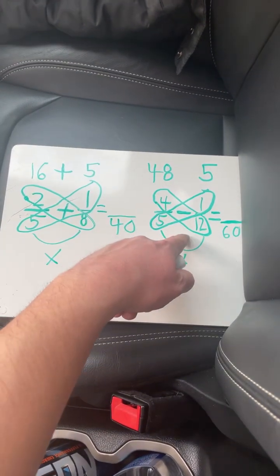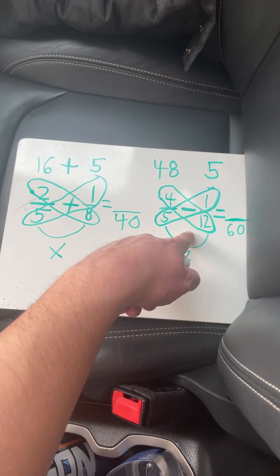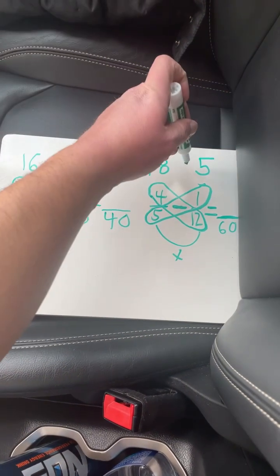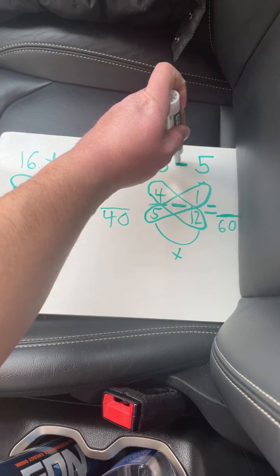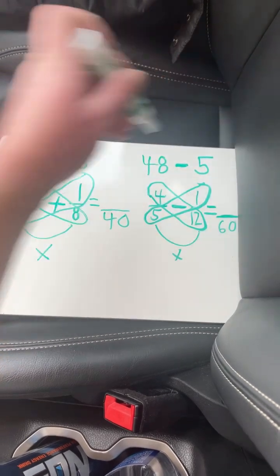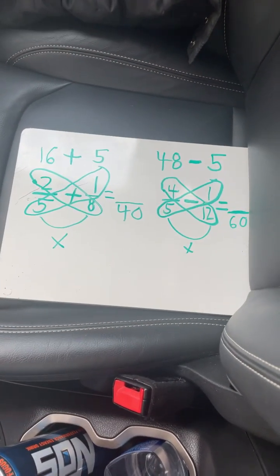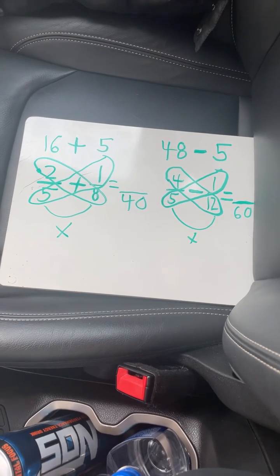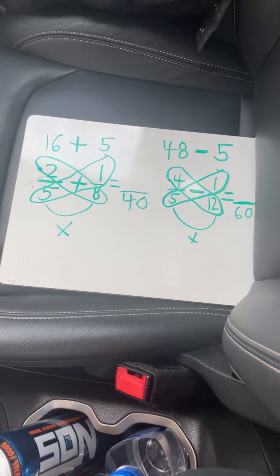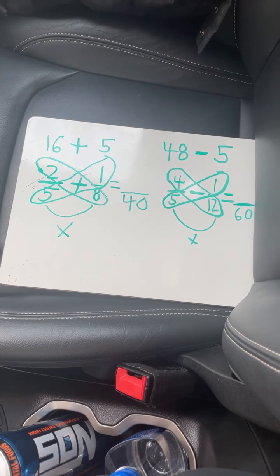And over here, since it's a subtraction problem, 4/5 minus 1/12, I'm going to put a minus sign. That is the only difference. The only difference between adding fractions with unlike denominators and subtracting fractions with unlike denominators is the sign that you put in.